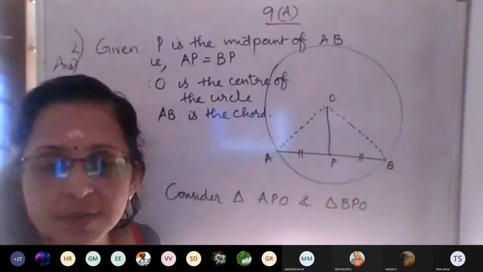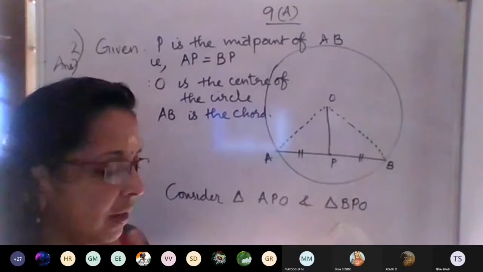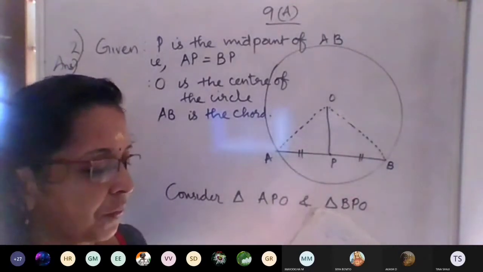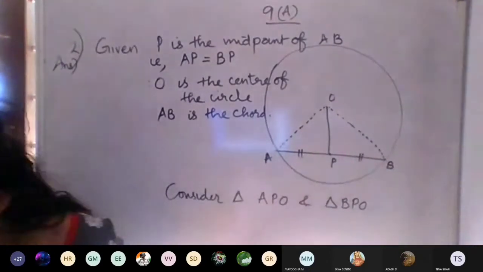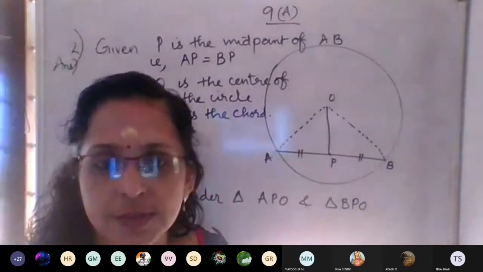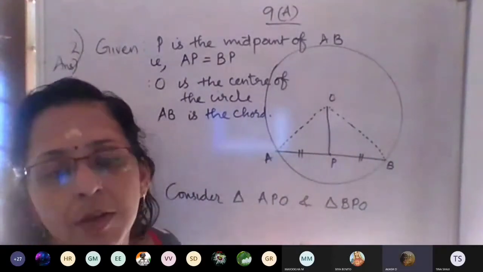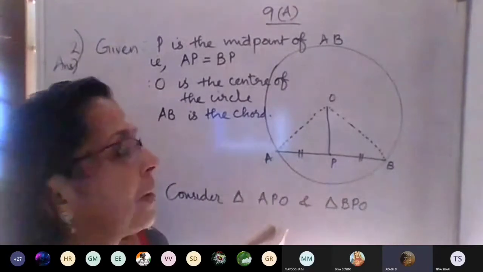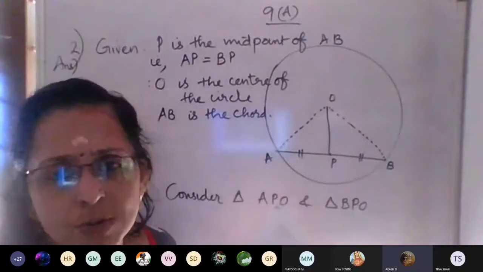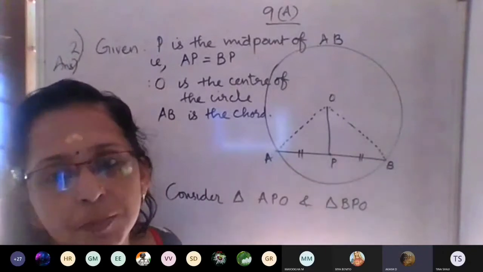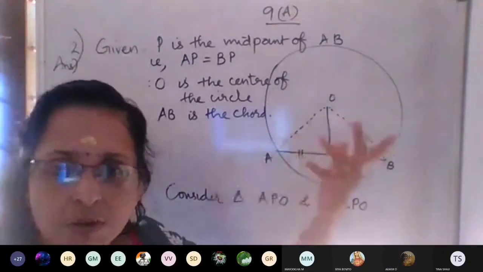Instead of writing these three points separately, you can directly write, given: in the figure, O is the center of the circle with chord AB, P is the midpoint of chord AB, that is AP is equal to BP. No problem, write in your own sentence.